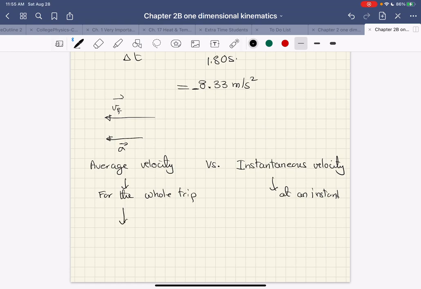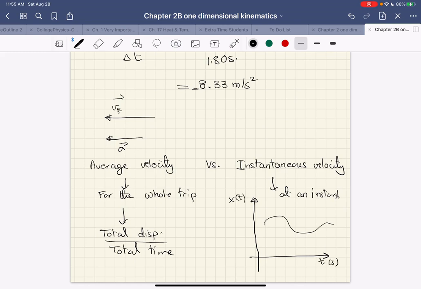Now this one, as I said, we calculated as total displacement divided by total time. This one, we need calculus for calculation, and because we will not be able to use calculus in this course, the only thing that I want you to know is we should be able to calculate it using the graph. Let's say I want to find the instantaneous velocity here at t equals 3 seconds.